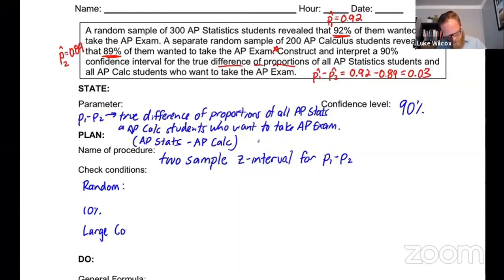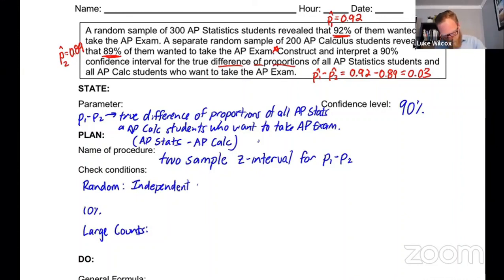The difference here is that now we're going to have twice as much work to do because we have two samples and two populations rather than one. For the random condition, we need random samples of each one of the populations. Also very important here, those two random samples must be independent of each other. I'll explain why when we get down to the formula for standard error.